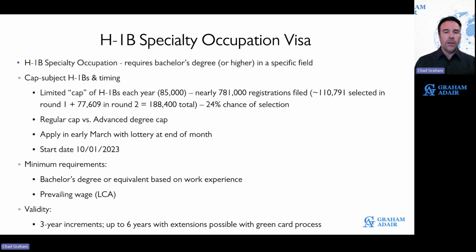And if you receive one of those 20,000, great. If you don't, then you go into the regular lottery of the 65,000, and you have another chance of being selected. People that have advanced U.S. degrees, master's or higher, actually have closer to a 30 to 35% chance of selection, whereas those who don't have an even lower chance of selection.